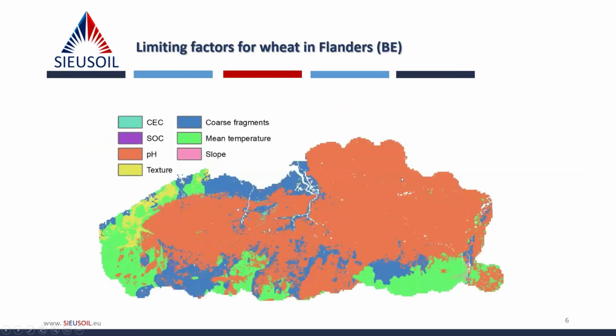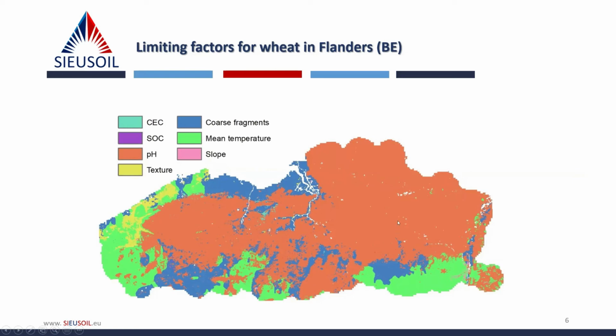Another very important and useful map that is produced is the limiting factor map. This map is, of course, again for wheat and Flanders, where with different colors we can see which parameter has the lowest score, is the most limiting parameter. For example, the red color is pH.